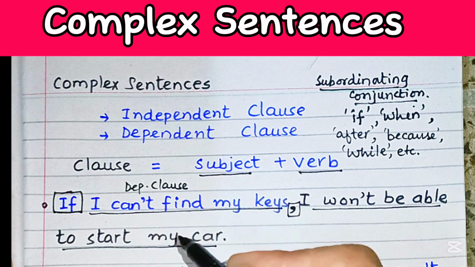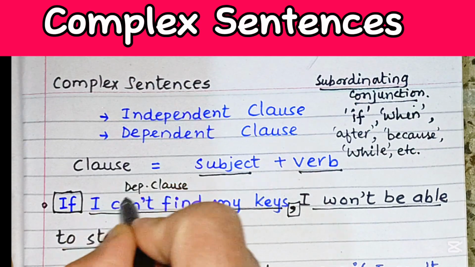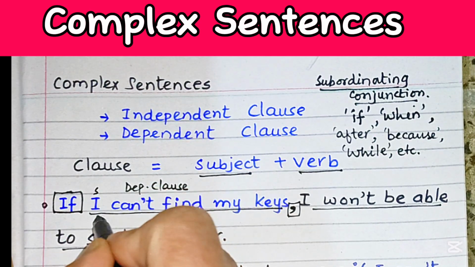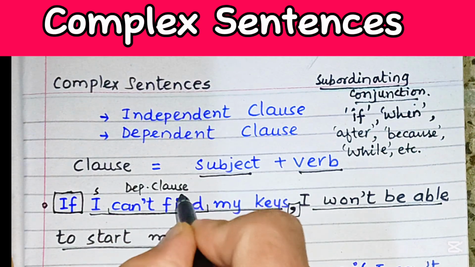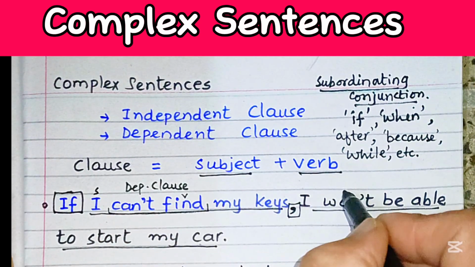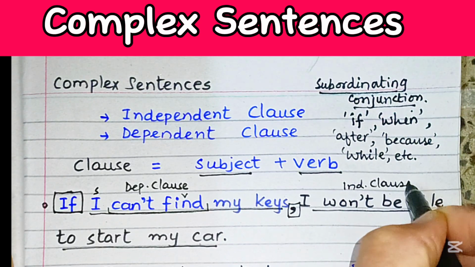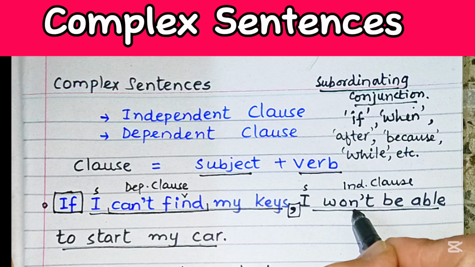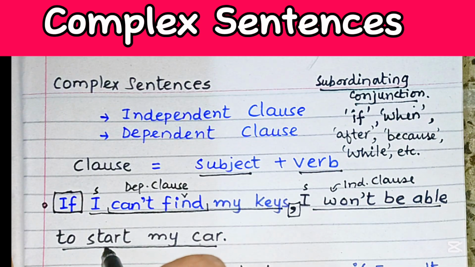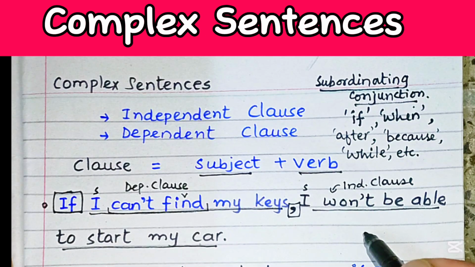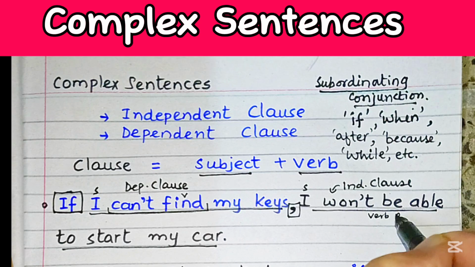Each clause has a subject and a verb. In the dependent clause, I is the subject and can't find are the verbs. In the independent clause, I is the subject and won't be able to start is the verb phrase.